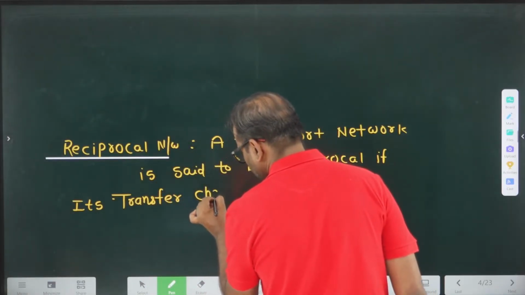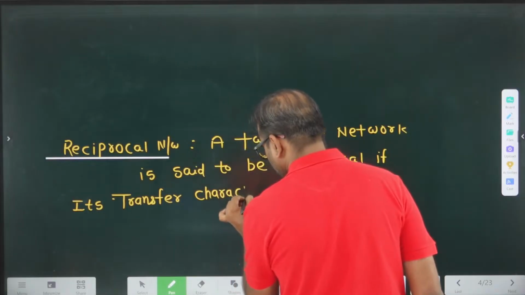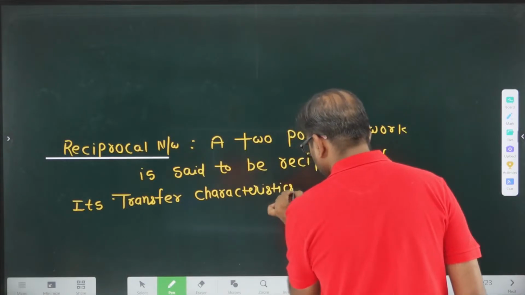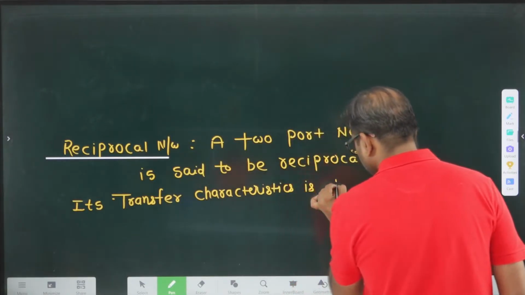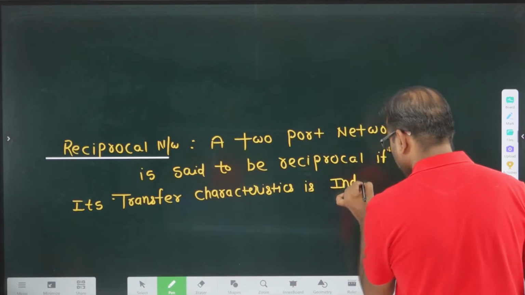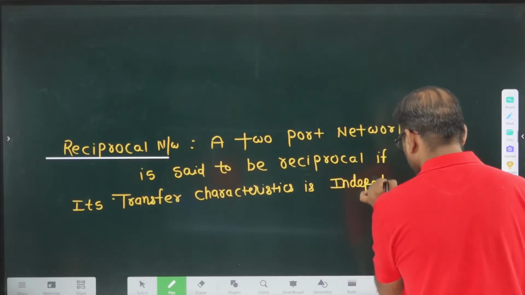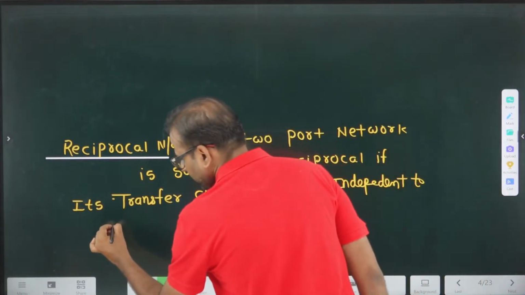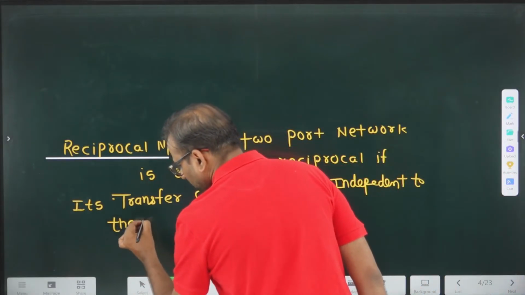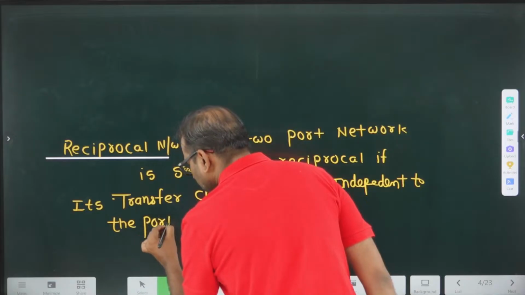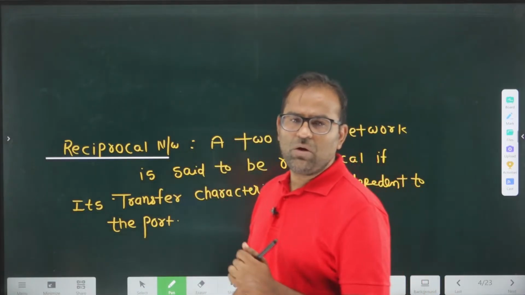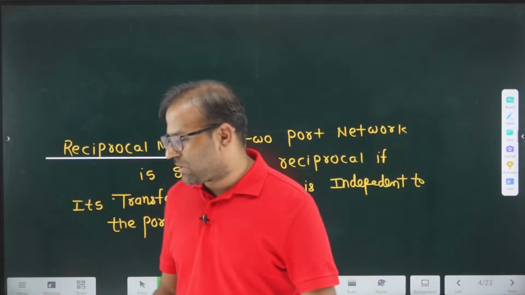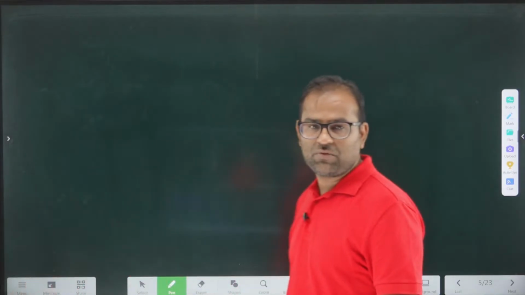And how many transfer functions can you have in a two-port network? When we are talking about the Z parameter, you can only have two transfer functions. And what are those two transfer functions?